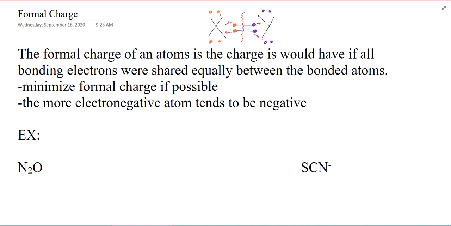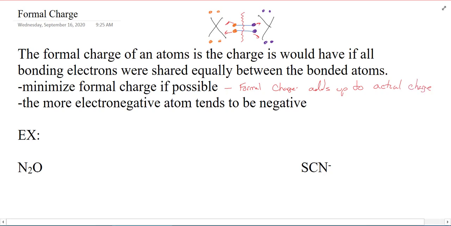When we talk about formal charge, our book tells us to minimize formal charge if possible. So we will always minimize it to get to 0 if we can. The formal charge, this is kind of important, adds up to actual charge.